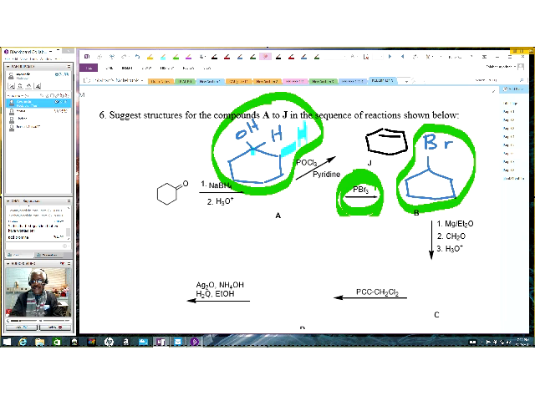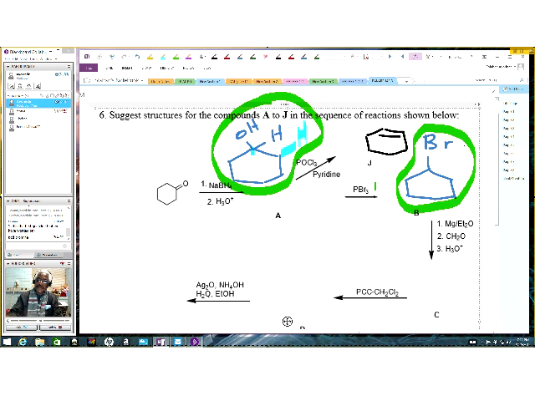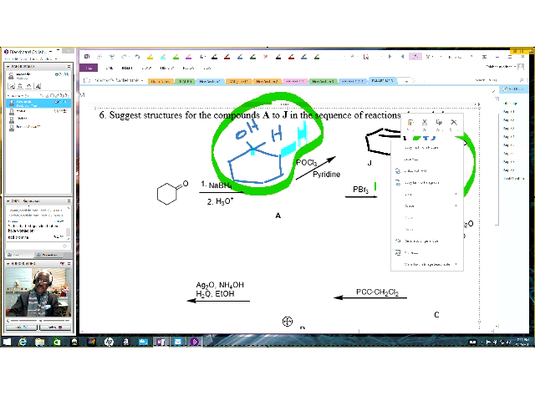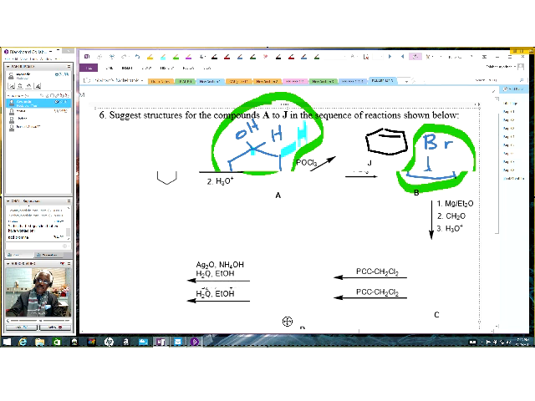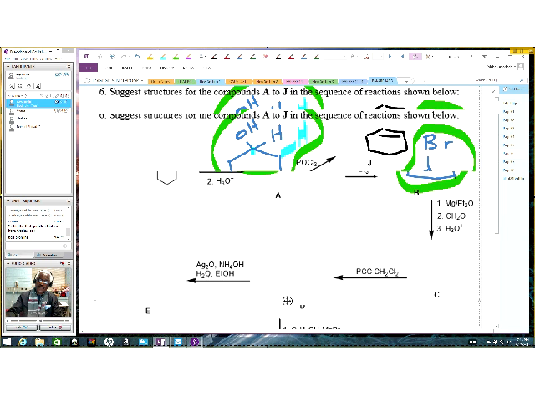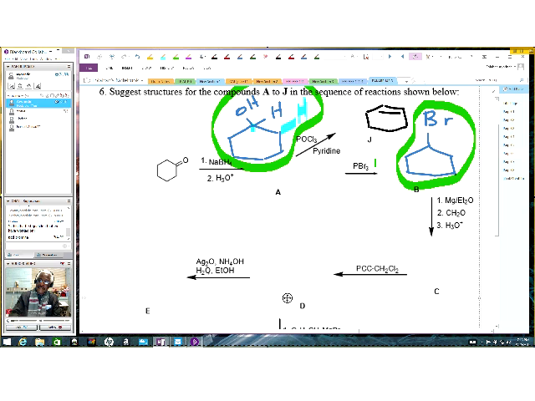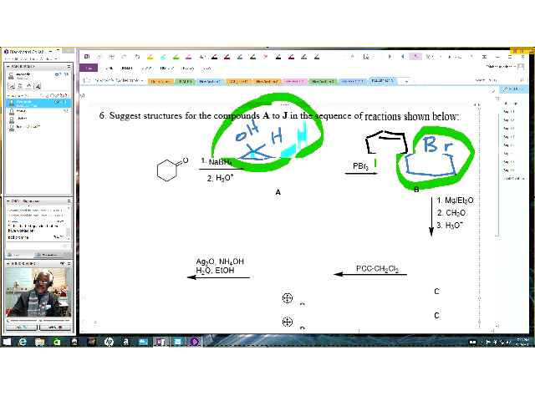Okay, the next one here, let's do the C. We want to do this one here. Let me take this out. Sorry about this. I think I got this moving all over the place now.